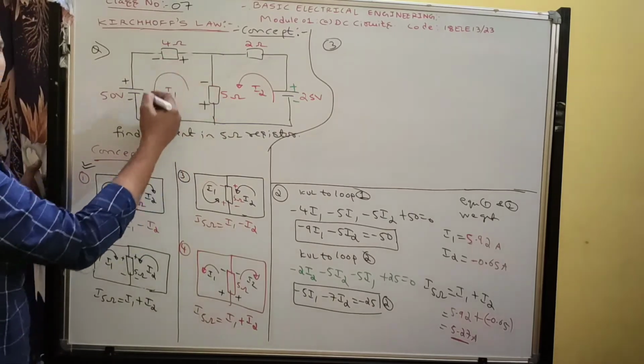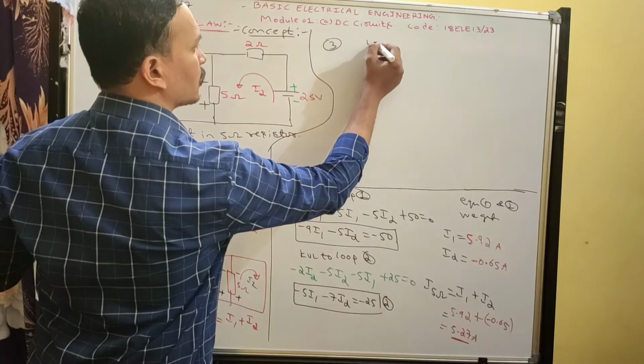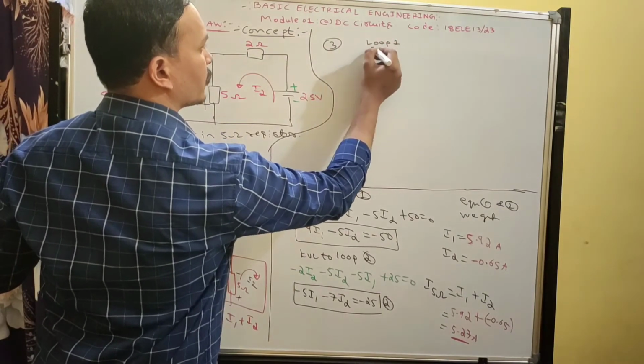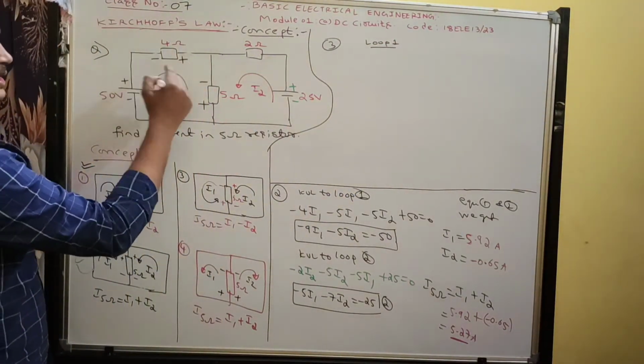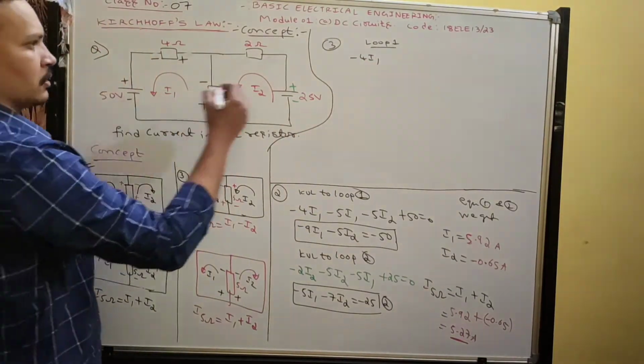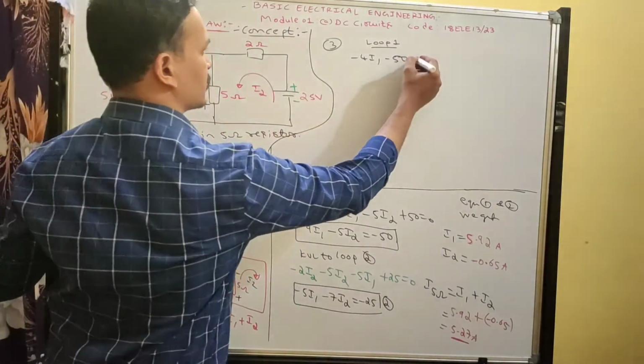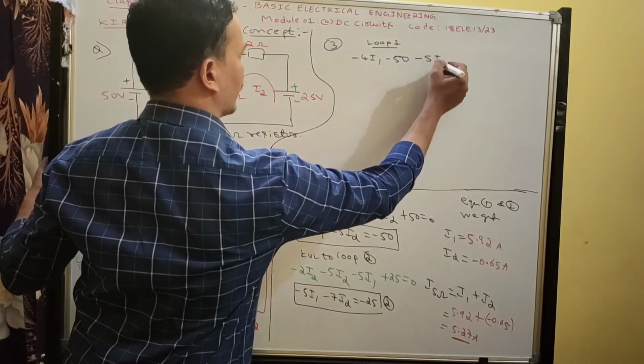Apply KVL to loop 1. What do we get? Plus 2 minus drop, minus 4 I1, plus 2 minus drop, minus 50, sorry, EMF source minus 50, plus 2 minus drop, minus 5 I1.